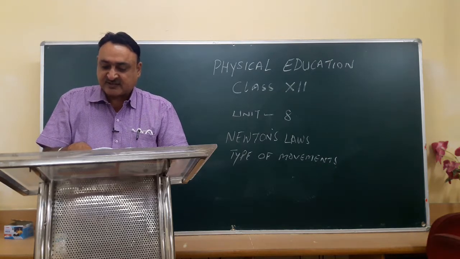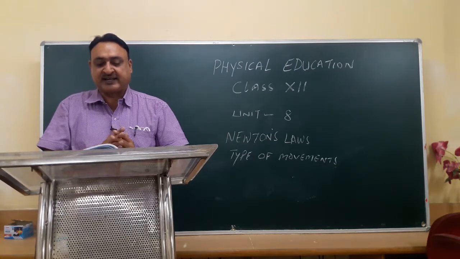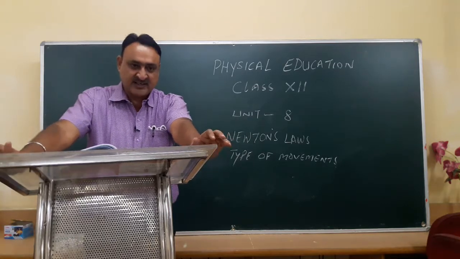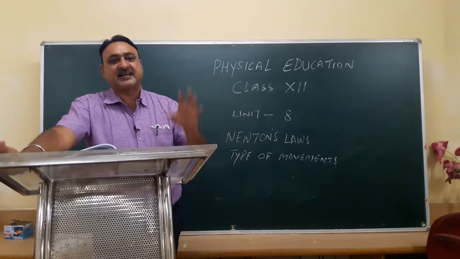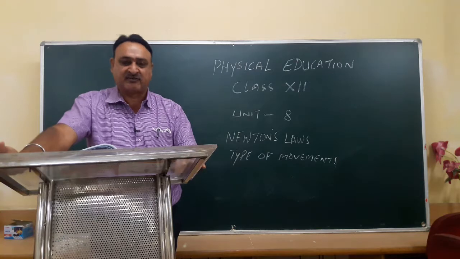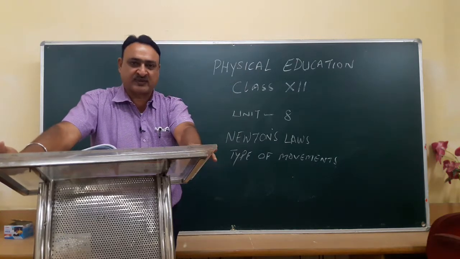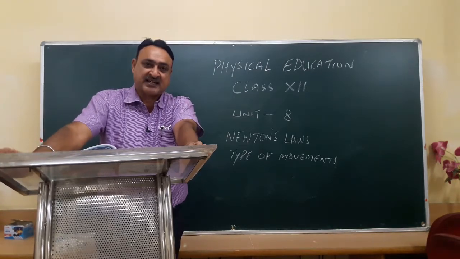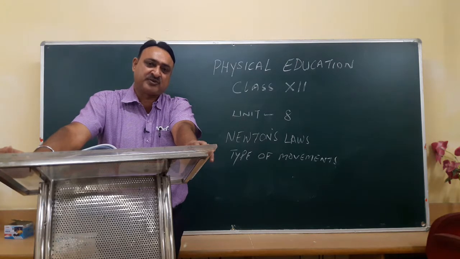Basically, if an object is in motion, it will remain in motion until some external force stops it. If a ball is moving, it will continue moving until an external force, here gravitational forces, makes an impact on it, and after covering some distance, it will start to stop.